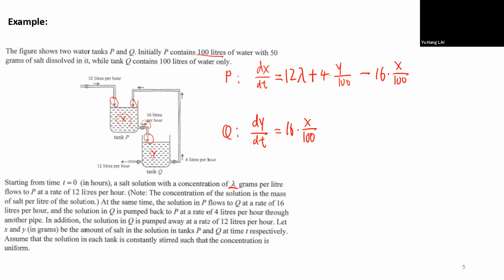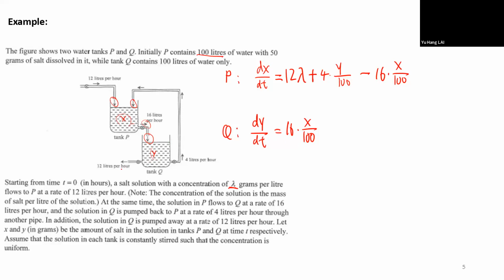Here you can see I have minus 16 times X divided by 100 in the other equation, and this is plus 16 times X divided by 100, because what's lost in tank P goes to tank Q. This is the only gain term.